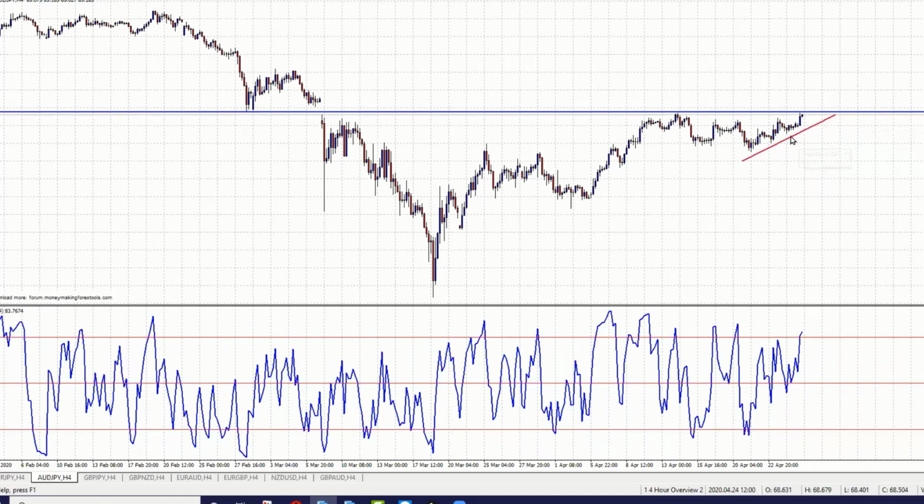But here we have a problem where only the market can tell us which way that one's going, because there's no clear indication whether that is the important trend line, or that one at the top.